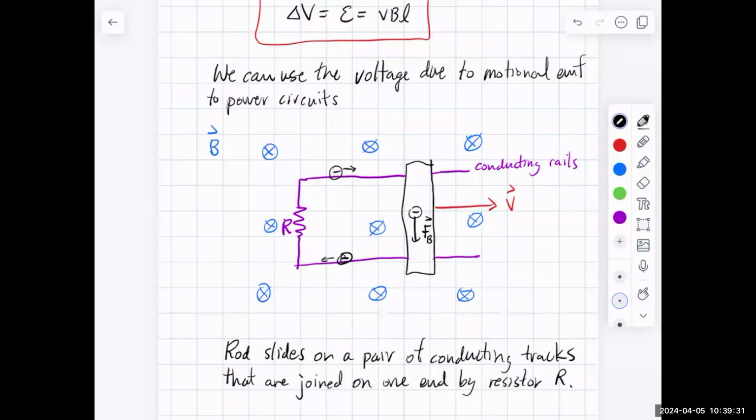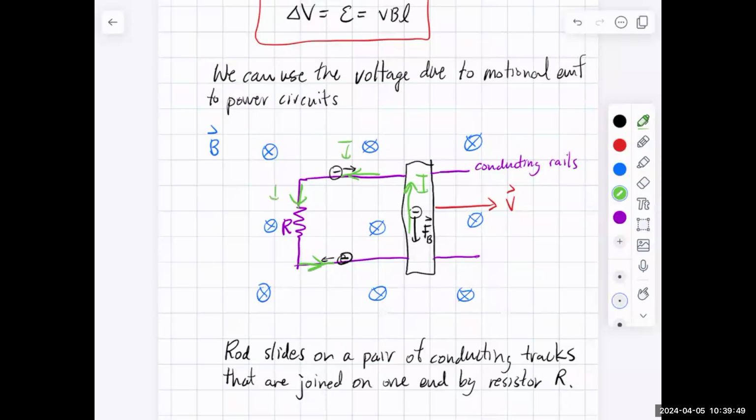Current is the flow of positive charge. So if I have electrons going in the clockwise direction, what I end up with is a current going in the anti-clockwise direction. So we have a current I going in this direction.